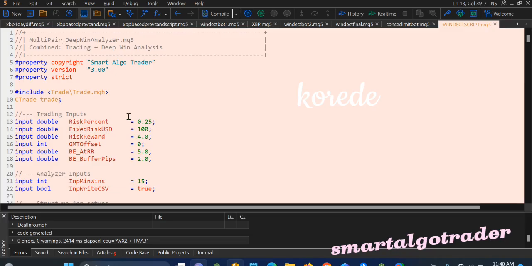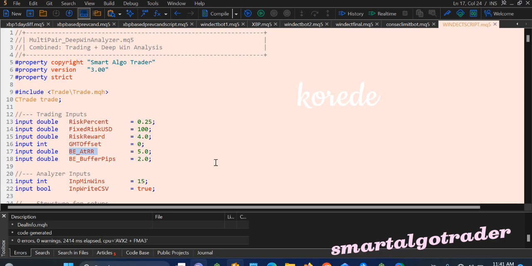If you set it to zero, that means you deactivated it, and the fixed risk will be taken. Do you understand? The risk to reward is also there. The GMT, if you are in a different country, is also there. The break even at risk to reward is also there. So a lot of information. But this one that we are doing is not advanced; it's a beginner one.